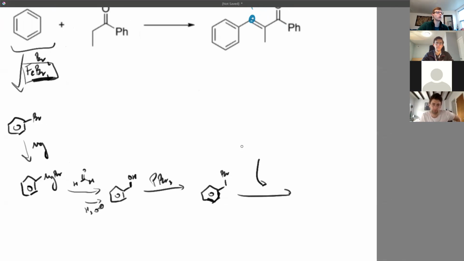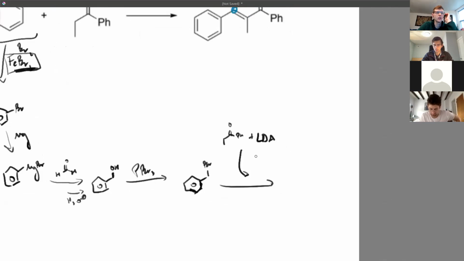So we can do, let's see, this plus LDA. Right, and so we'll wind up getting an enolate at this carbon down here, and that'll be a nucleophile, so it'll attack at that carbon. Okay, cool. And so this will proceed via SN2.